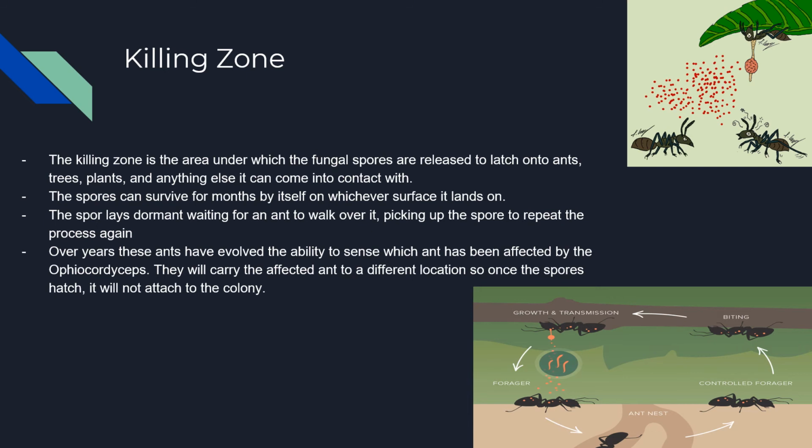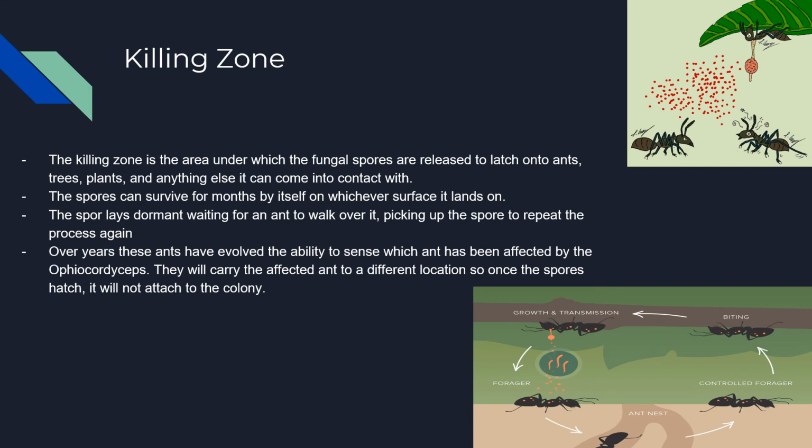Something that I found really interesting when I was doing research on the ants and the Ophiocordyceps unilateralis is that these ants have actually evolved over the years to be able to sense which ant has been affected.